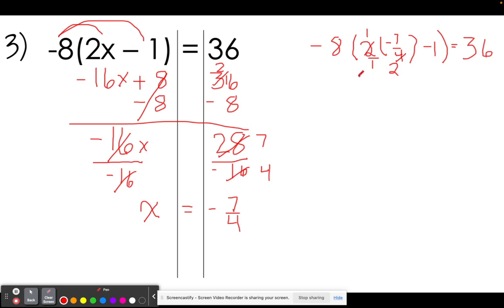So that is negative times positive, which is a negative 7 over 2 times 1, 2. Minus 1. And then multiplying that whole thing by negative 8. And do I get 36?